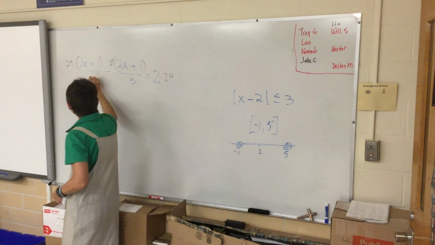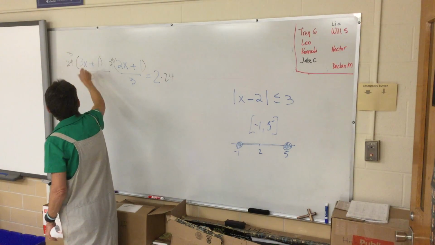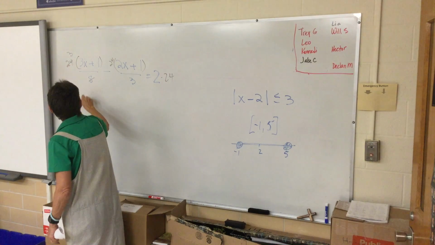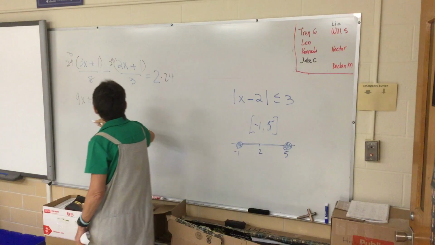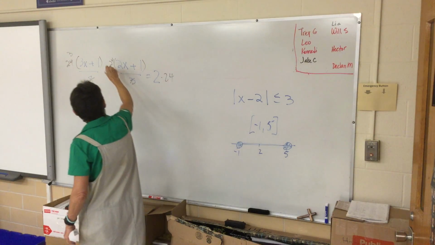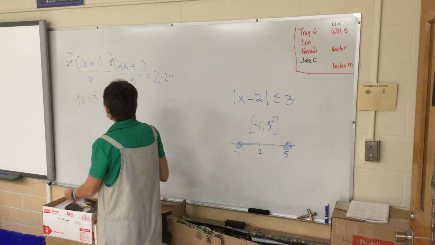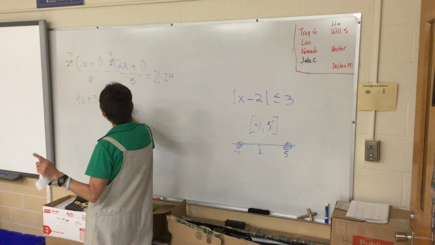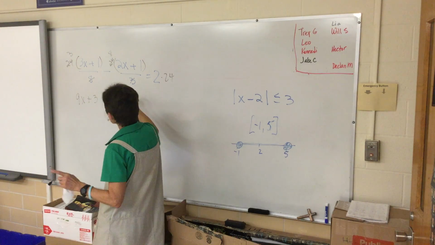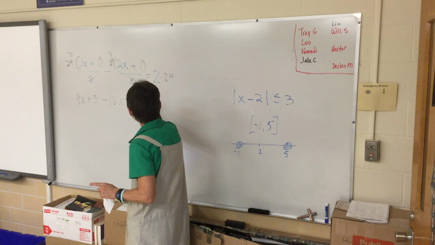The 8 cancels into it, right, and leaves a 3? So that makes 9x plus 3. Don't forget, you're distributing. Alright, then the 3 goes into the 24, leaves an 8. Again, you're distributing, so minus 16, oh, be careful, minus 8. Minus 8 times 2x and minus 8 times 1.